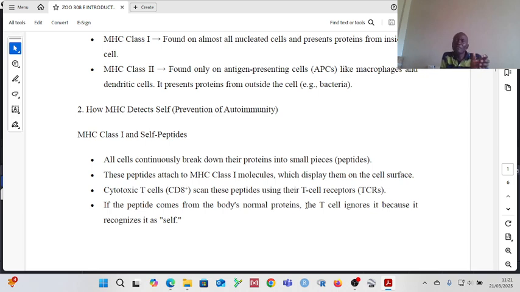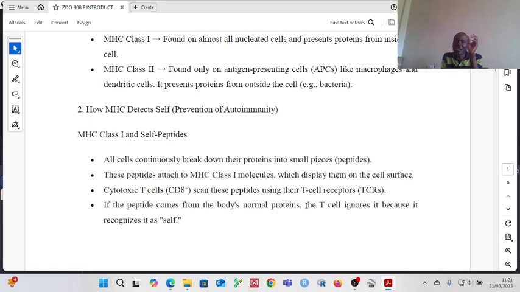So once those individual peptides have been obtained by breaking down the proteins within the cells, then those peptides will be attached to MHC class 1 molecules. Then these MHC class 1 molecules will display the peptides on the outside of the cell surface.